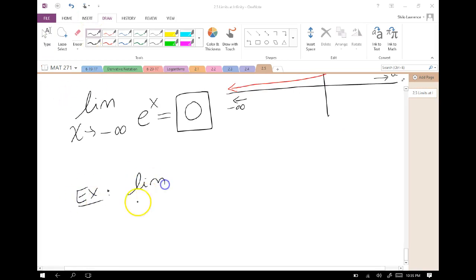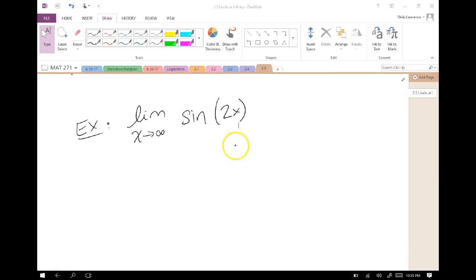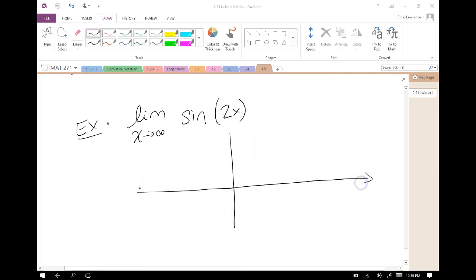The limit as x approaches infinity for sine of 2x. So we need to know what the sine of 2x looks like. The sine graph looks like a wave that starts at the origin.